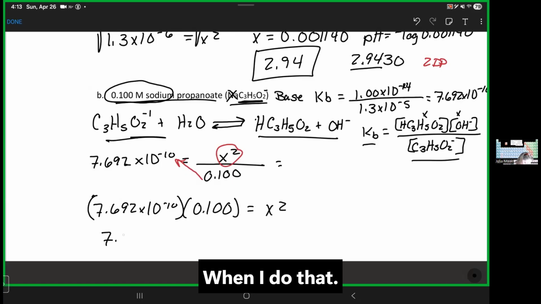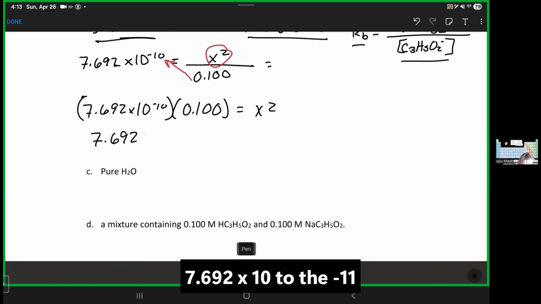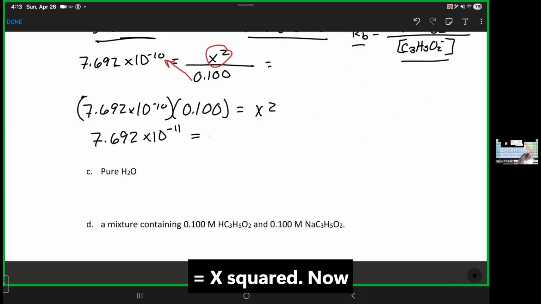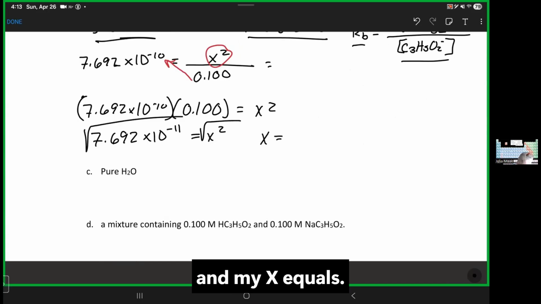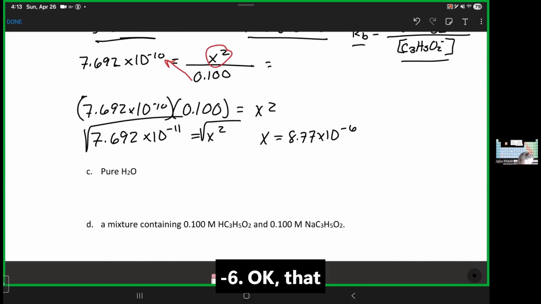When I do that, 7.692 times 10 to the negative 11 equals X squared. Now I'll take the square root of both sides. And when I do that math, my X equals 8.77 times 10 to the negative 6.